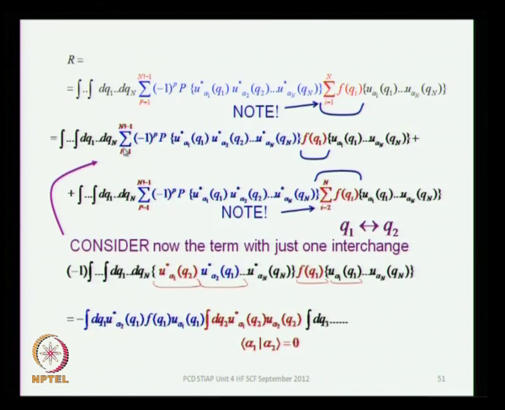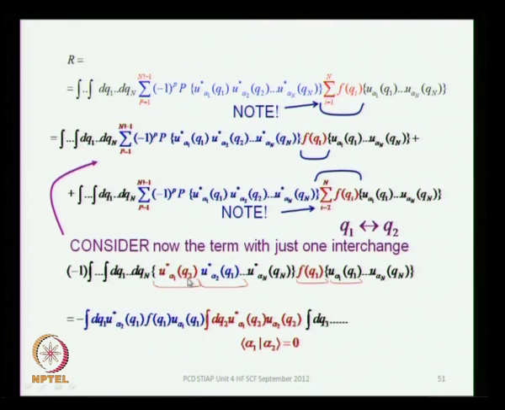So, now one interchange will give you, instead of u alpha 1 star q1, it will give you u alpha 1 star q2. So, I consider the interchange between q1 and q2. So, this is the interchange. So, I have got u alpha 1 star q2, I have got u alpha 2 star q1. What about u alpha 3 star?